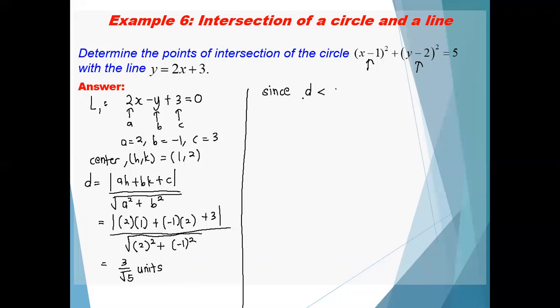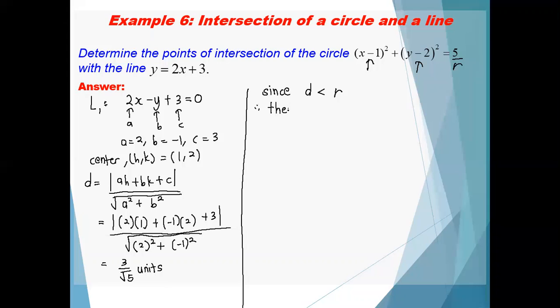Okay, so it is less than the radius. The radius is square root 5. D is less than R.